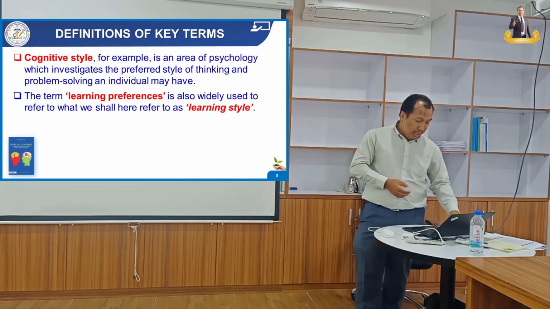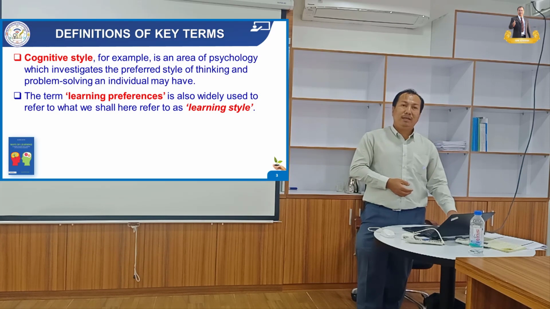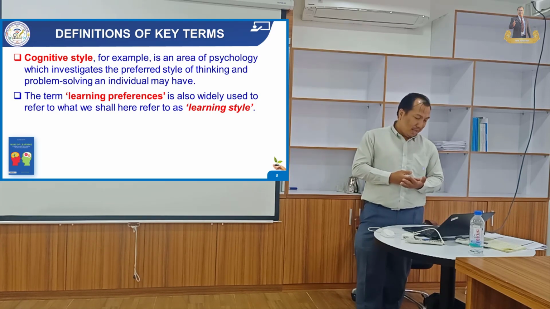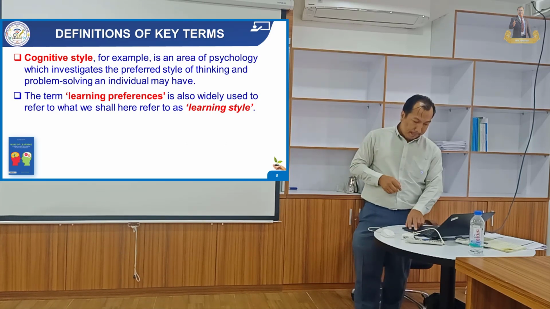The term learning preferences can also be used to refer to learning style. One student may have different learning preferences or different learning styles here. So these key terms are the same.